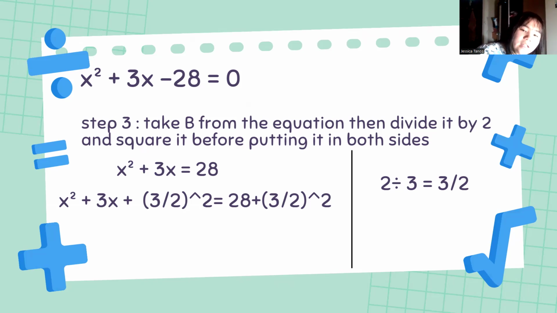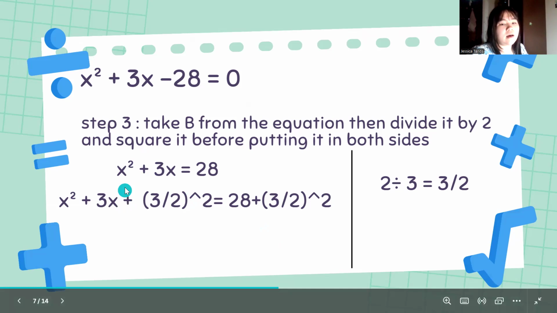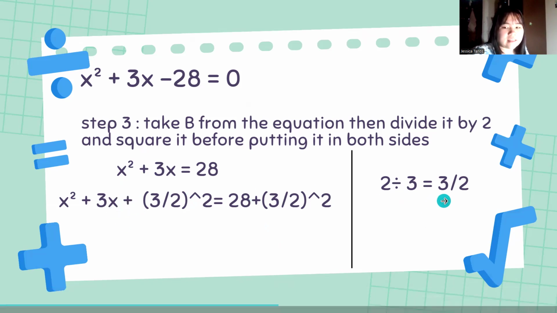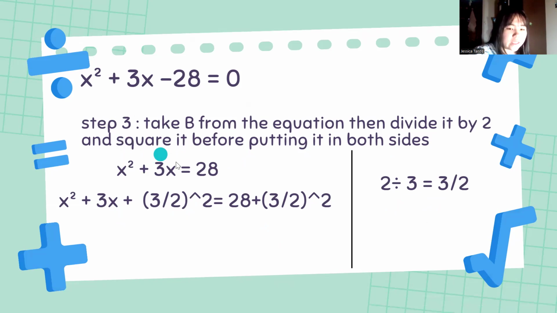We add a new term, which is plus, then we add this 3 over 2. As you can see here, it says square it, so we have to square it. When we affect one side of the equation, it affects the other side.